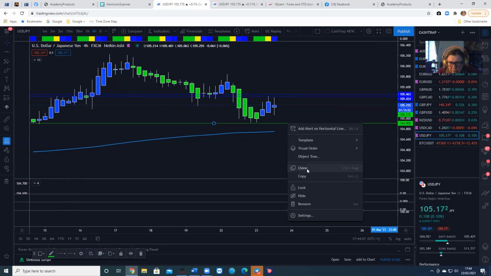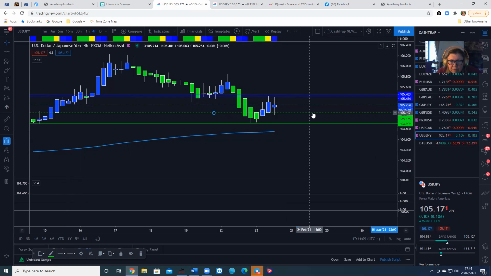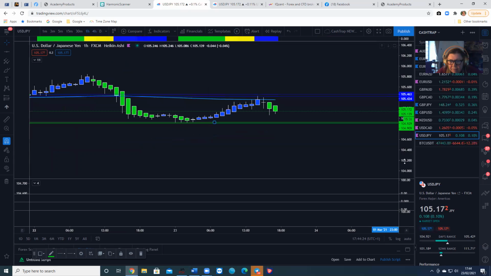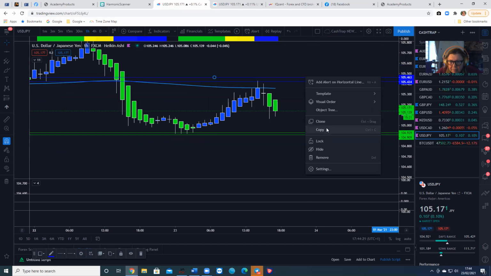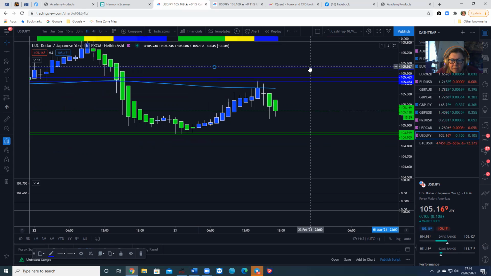So I'll just clone that. And then for today, we can see on the 4 hourly that we had something very similar there. So we just put that on there, come down to the hourly. Clone that.